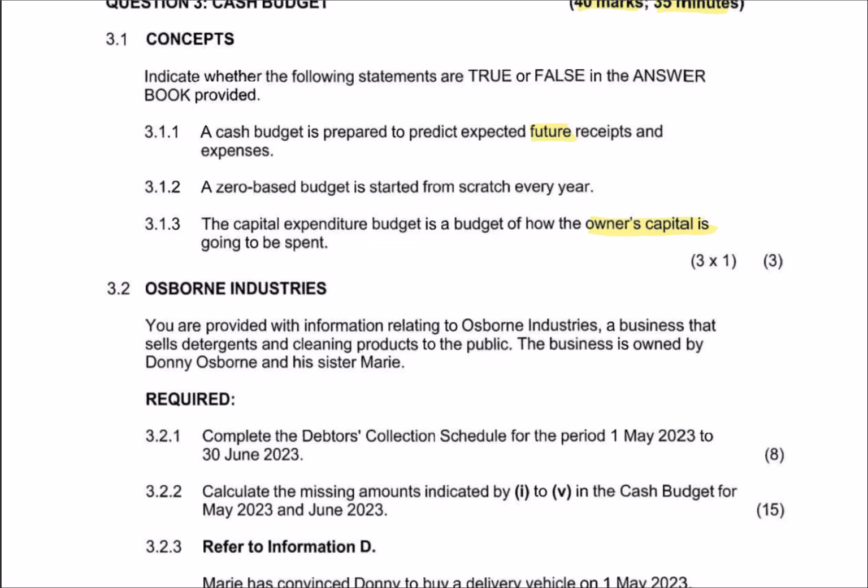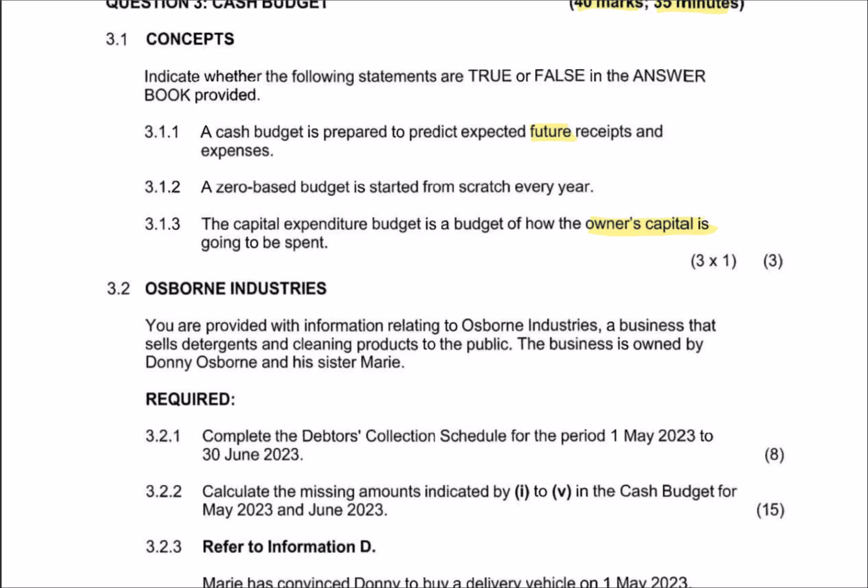Capital is basically a ledger, what the person's interest in the company is. As a sole trader, it's what the owner or investors have invested and put into the company.